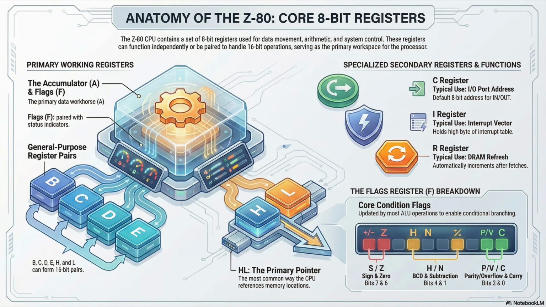The Z80 has several of these registers, each with its own purpose. One holds the main arithmetic result, a few can be paired together to store larger addresses, and another always points to the next step in the program.